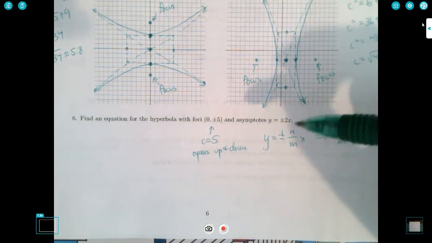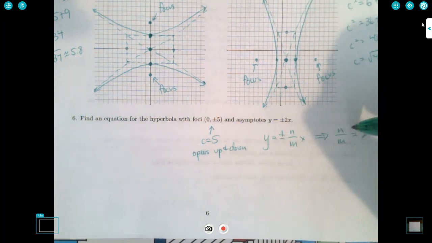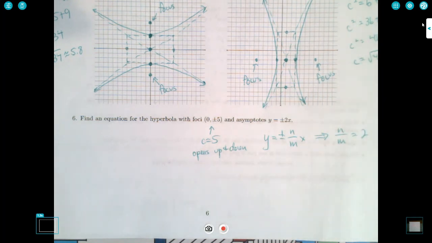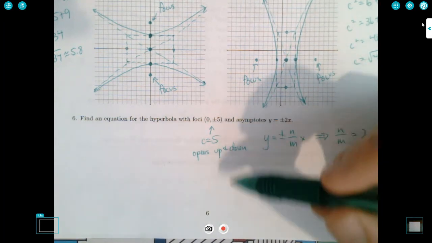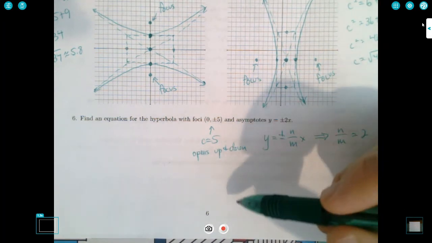Okay. I think here I need to say a little bit more than just n and m. I need specifically to know what a and b are. Since I know that this opens up and down, the focal axis is along the y-axis.